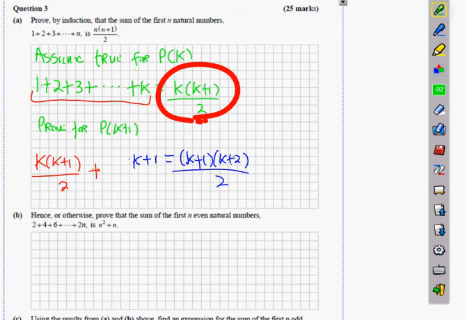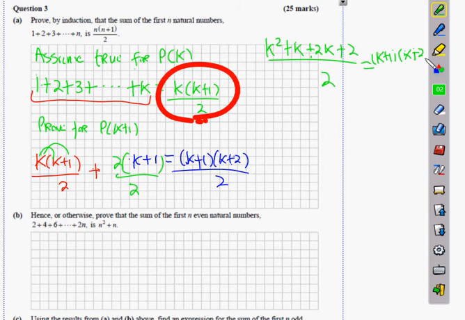They have a different denominator, so I'm going to multiply the top and bottom by 2. I'm going to multiply it out. I'm going to get K squared plus K plus 2K plus 2 all over 2. And that has to equal (K plus 1)(K plus 2) all over 2.